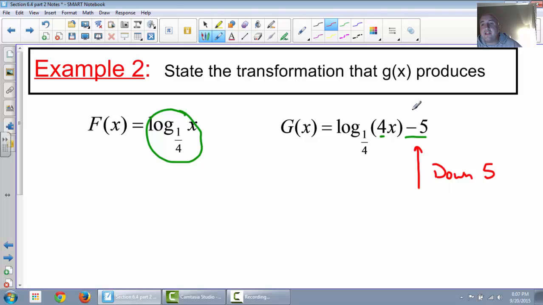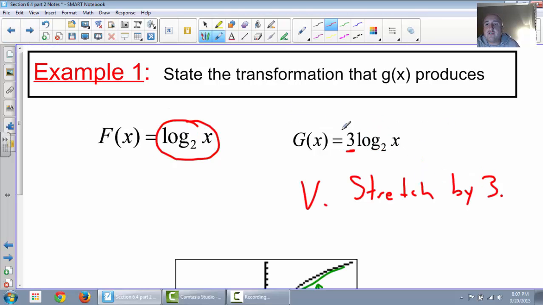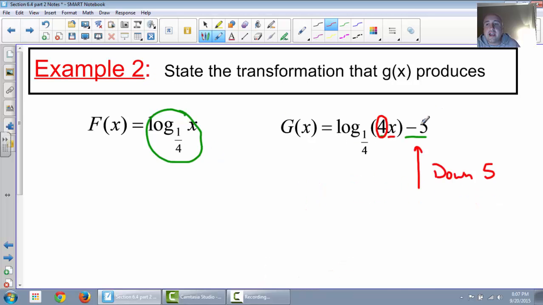And then now we need to see what this 4 attached to just the x was. On the last example, when you have a 3 by the whole function, it was a vertical stretch. Now we just have a number attached to our x. So this one is going to be a horizontal. And remember, when you're talking about horizontal, you have to take the reciprocal.